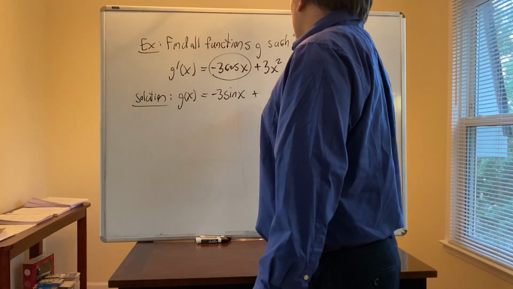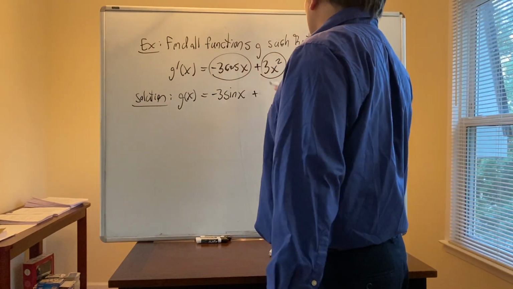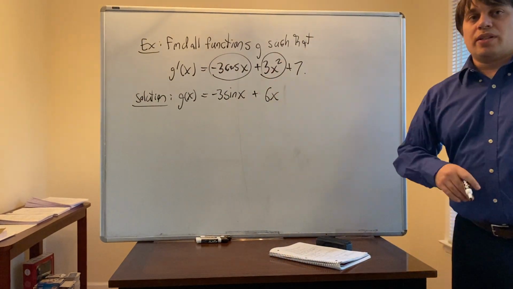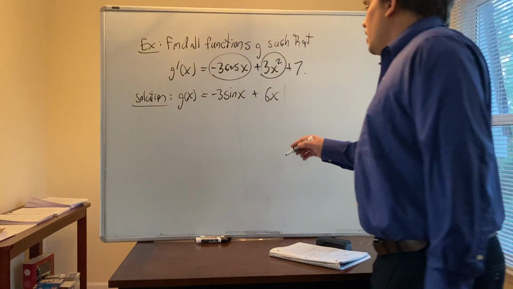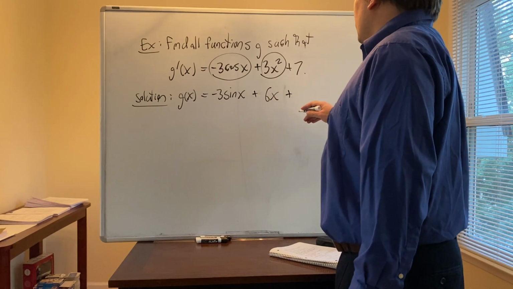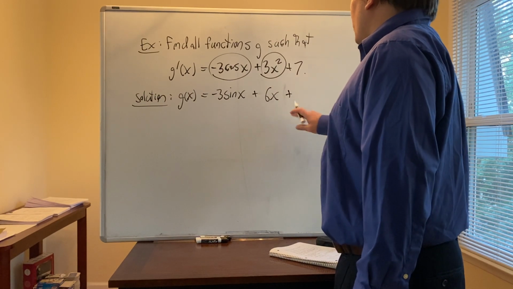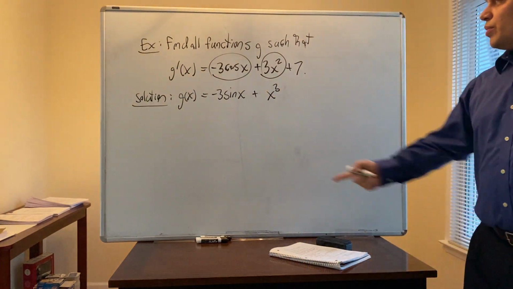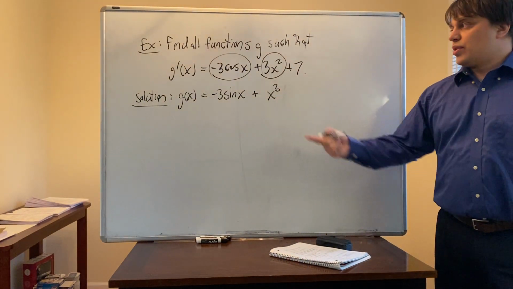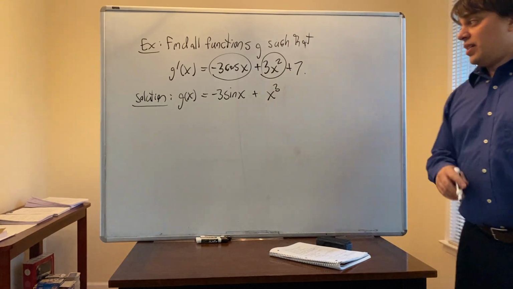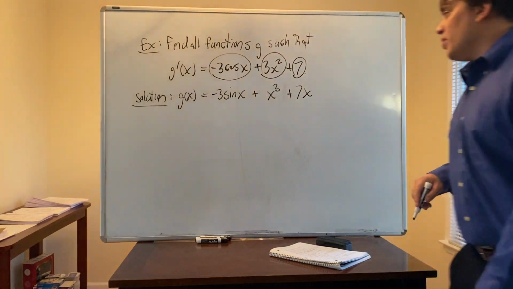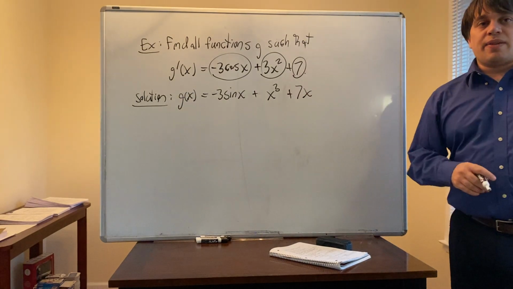Plus, an antiderivative of 3x squared is x cubed. The derivative of x cubed is 3x squared. And then plus 7x is an antiderivative of 7. The derivative of 7x is 7.